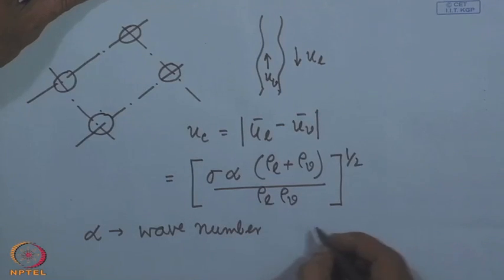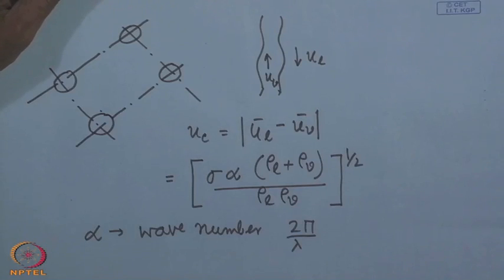and it is given by 2 pi by lambda, where lambda is the wavelength, and then rho L is the density of the liquid, rho V is the density of the vapor.